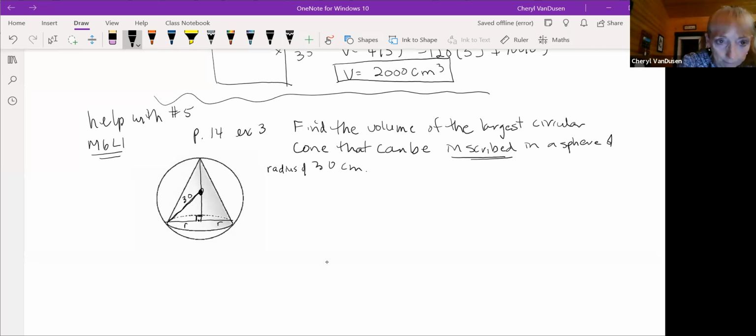So let's call this whole thing H. Okay, so the height of the cone is H, and so that would leave us with the statement for this guy here of H minus 30, sorry, wrote it the wrong way. Sorry about that, gang.